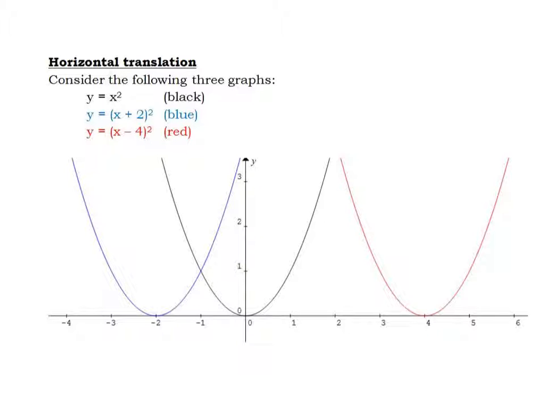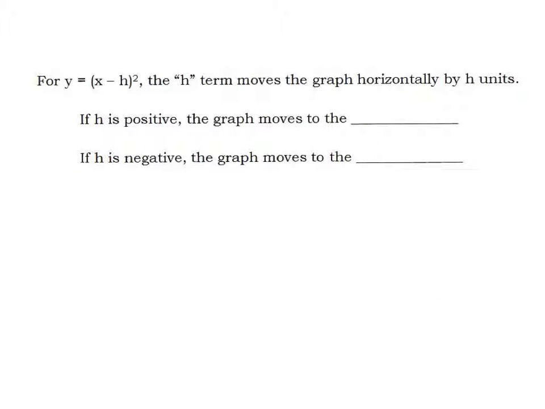So let's record the turning points. For our original graph, the turning point is 0, 0. For our blue graph, the turning point is -2, 0. And for the red graph, the turning point is 4, 0. Now the convention for writing out this term is to call it the h term. So y equals x minus h all squared.